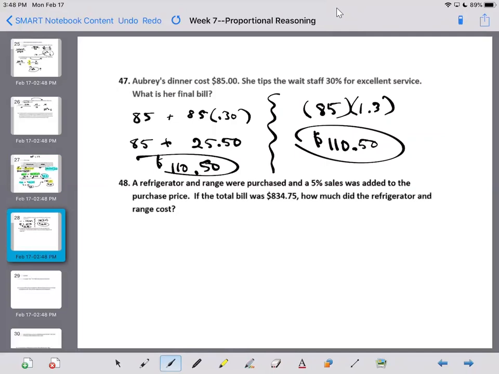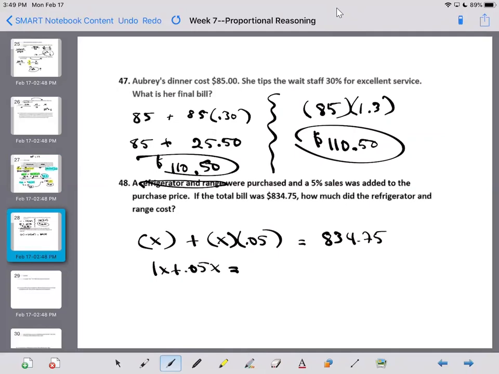Here, this refrigerator and range, we'll just say one item is purchased, and there's 5% sales tax. Well, that just means that if you knew what it was and took 5% of it and added it to the original, you would have this amount. Well, this would be 1x plus 5/100x is equal to $834.75.